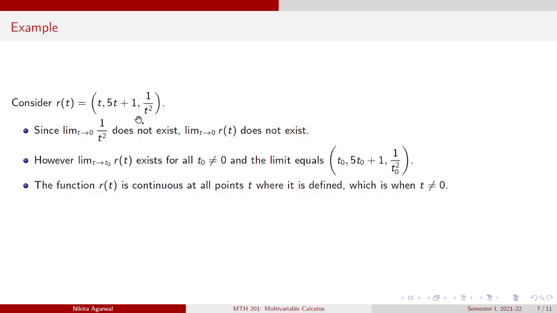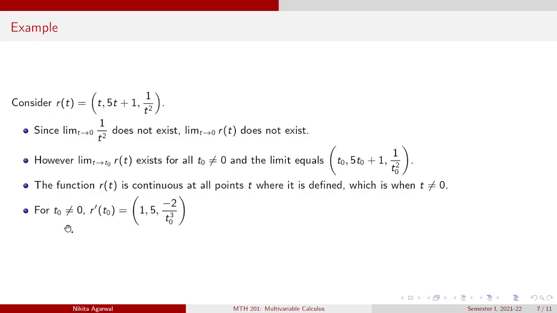When t is non-zero, so on its domain, r(t) is continuous at all the points, right? But it cannot be extended to all of R, meaning you cannot find a continuous function on all of R such that it's equal to r on points which are non-zero. Okay?